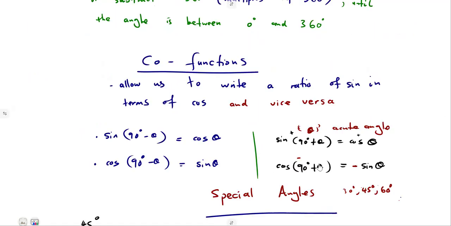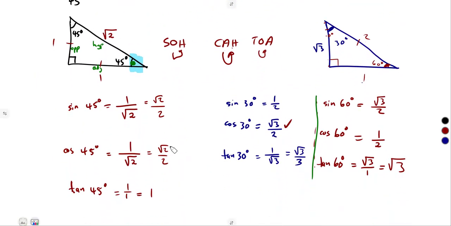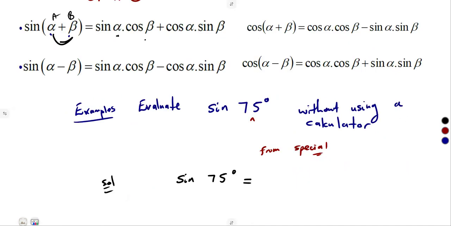All right, as part of our special angles, remember there is a 45-degree angle and also a 30-degree angle. So 45 and 30, if you add, you're going to get 75. Let's look into that. So this is the same as the sine of 45 and 30 degrees being added together.